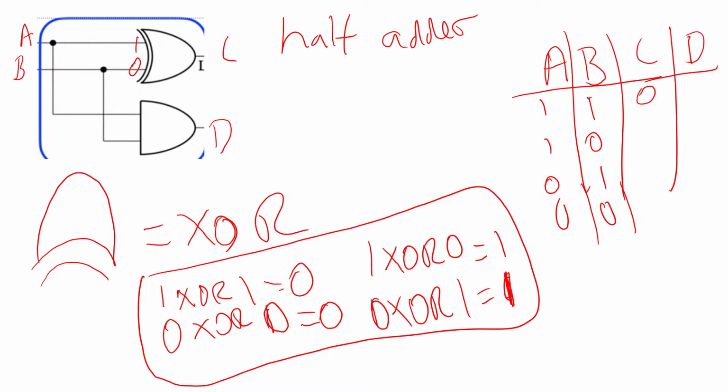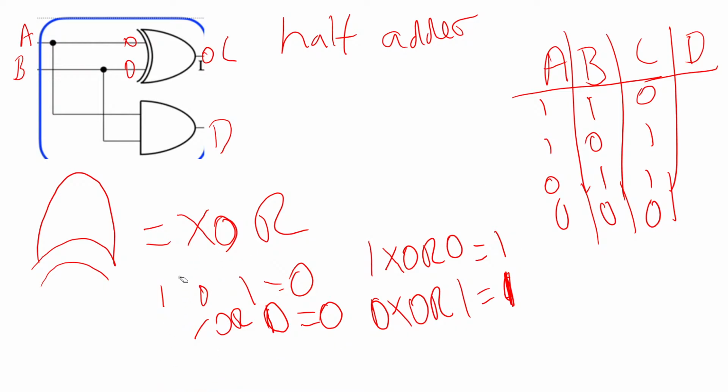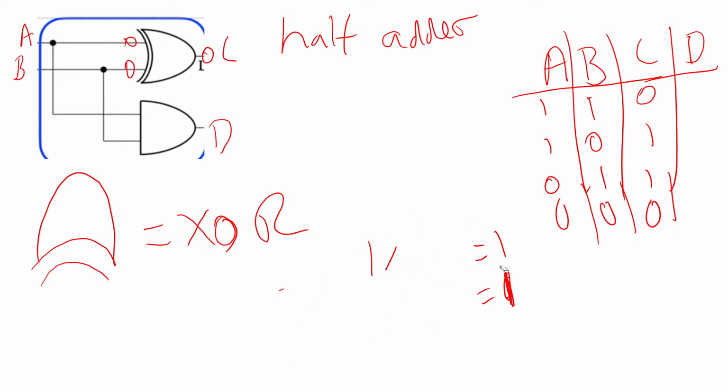Yeah, this is C, and that's D. So 1 and a 0, 1's going to come out. 0 and a 1, 1's going to come out again. Now we have 0 and a 0, 0 is going to come out here. Sorry, I'm just going to rub these out. I hope everyone wrote them down if you needed to.